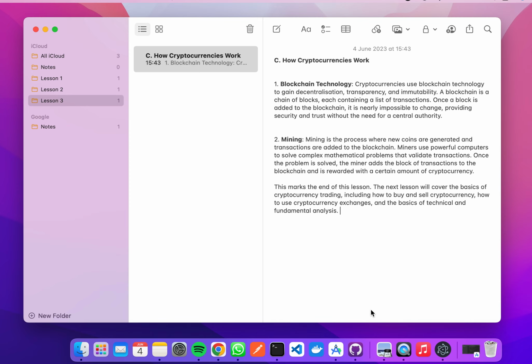You remember when we said it runs on multiple computers called nodes. So these powerful computers solve complex mathematical problems that validate transactions. So how Bitcoin is created essentially: when you run the Bitcoin code on these computers, it solves some mathematical equations, and you are rewarded once you solve these blocks.